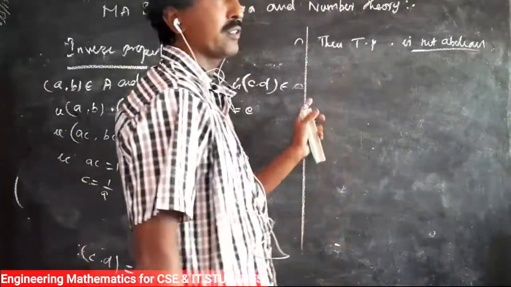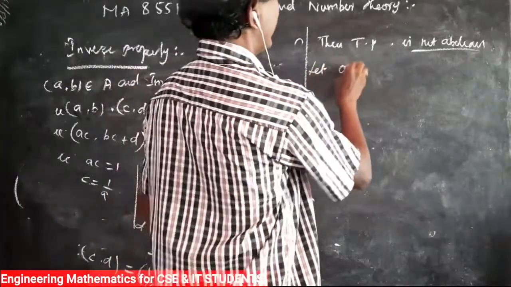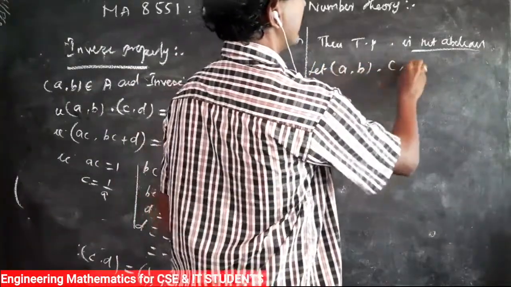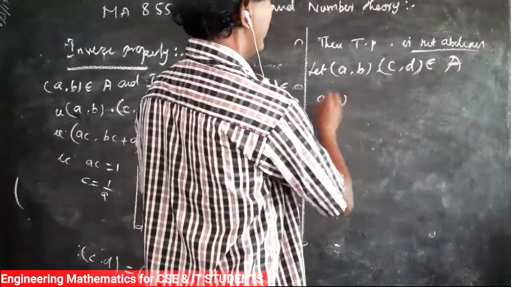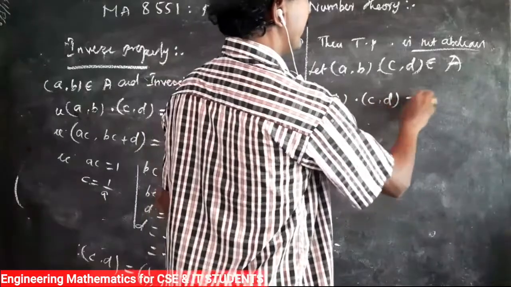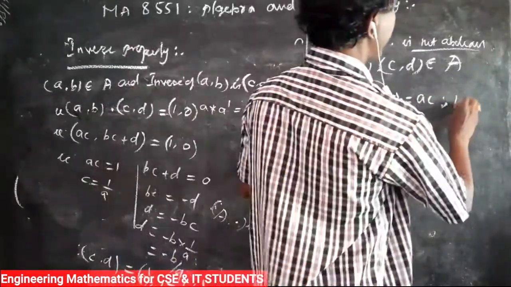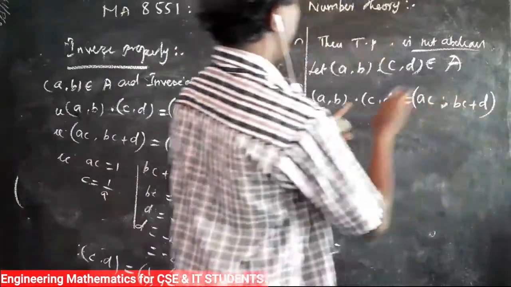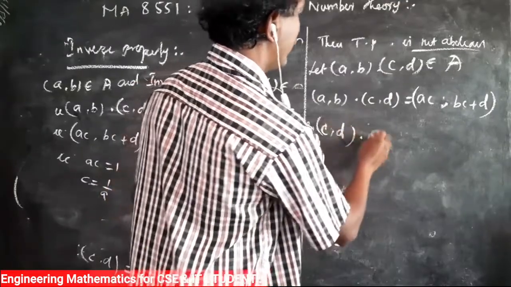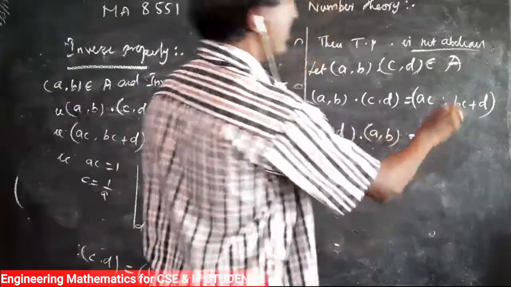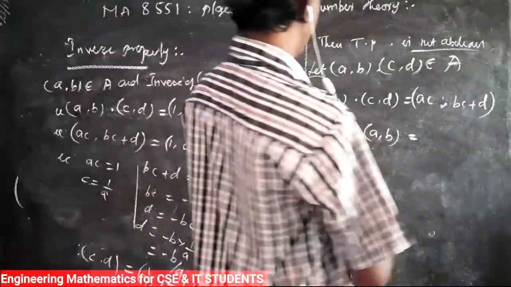Abelian means A dot B equal to B dot A. So we take any two elements, let A comma B comma C comma D belong to A. That is A comma B dot C comma D equal to AC comma BC plus D. And C comma D dot A comma B equal to another.